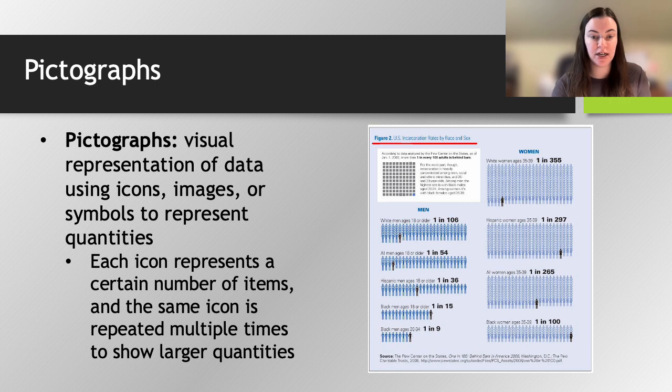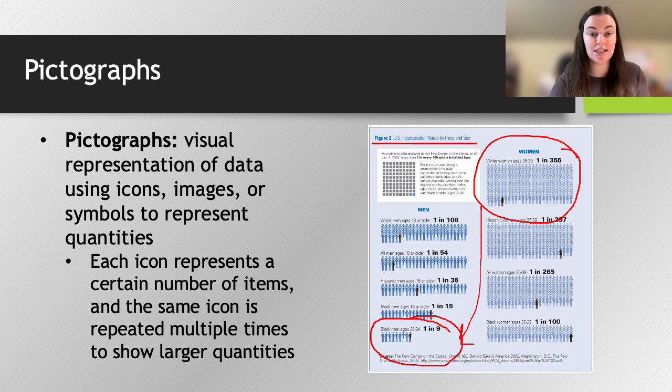So what we can see here is that Black men who are ages 20 to 34 have a 1 in 9 chance of being incarcerated at some point. Where if we go here, which is white women ages 35 to 39, it's starkly different from these two groups, right? And what this pictograph is doing is visualizing this in a way in which each data point is a person.